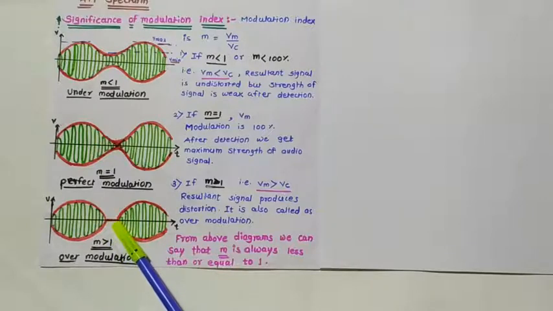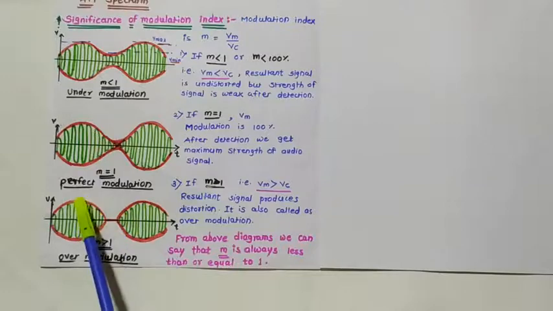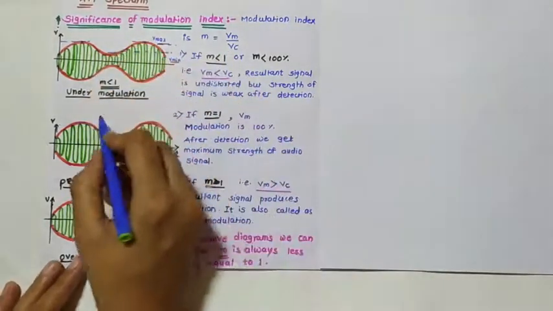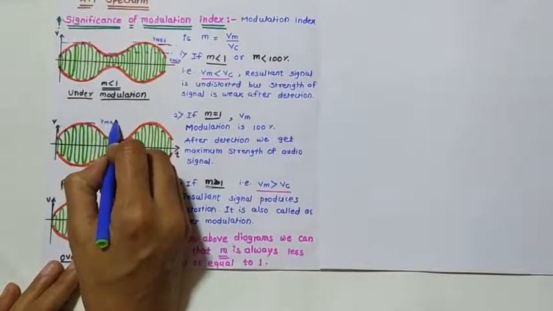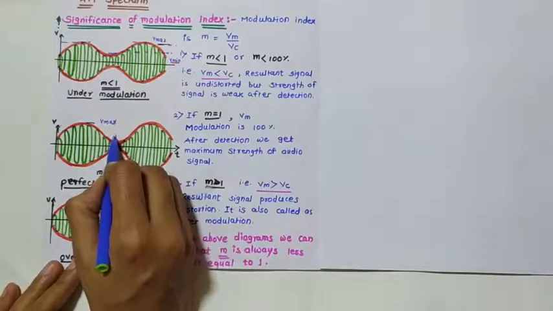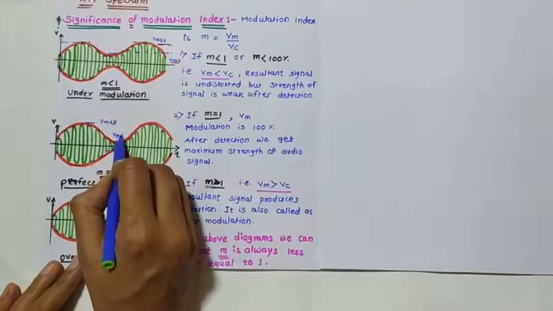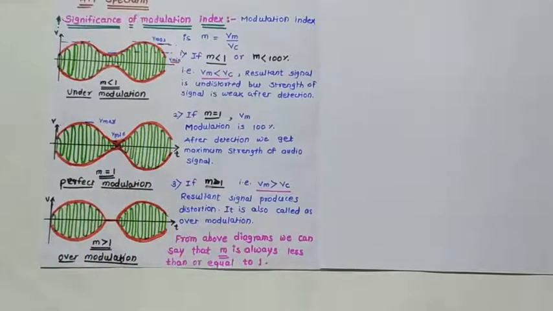Okay students, and you can see here is the maximum amplitude, this is Vmax, and this is Vmin. In the third part, the minimum part of the waveform is clipped off.